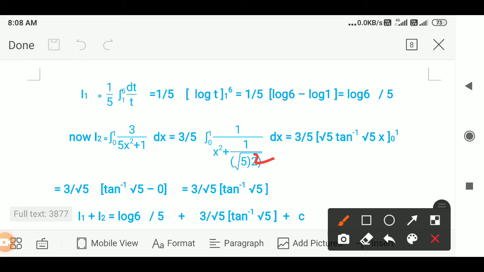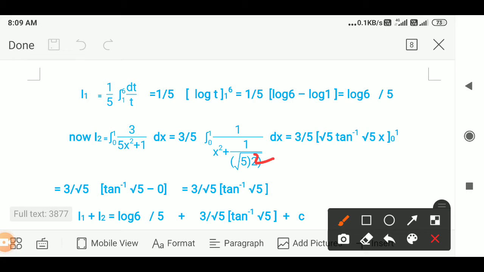So we have 3 by 5 and 1 upon 1 plus x square, or 1 upon x square plus a square. 1 upon x square plus a square.